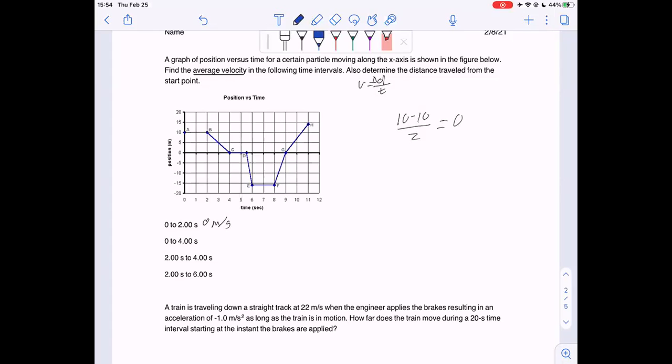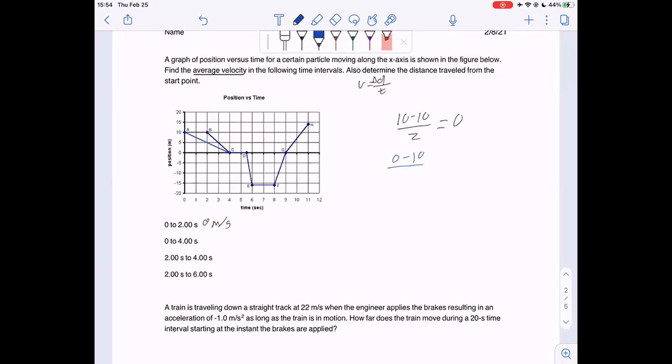0 to 4 seconds, because we are talking velocity and not speed, you just draw a straight line from the 2 times. So we finished at 0 and started at 10, final minus initial.